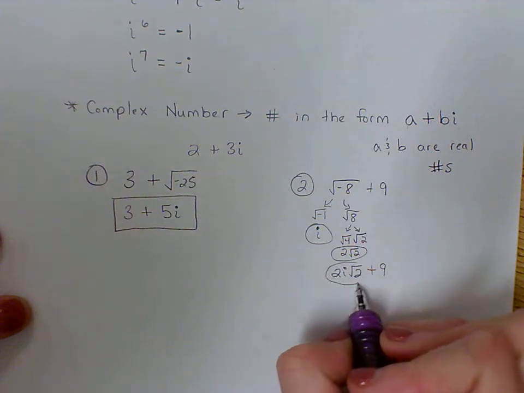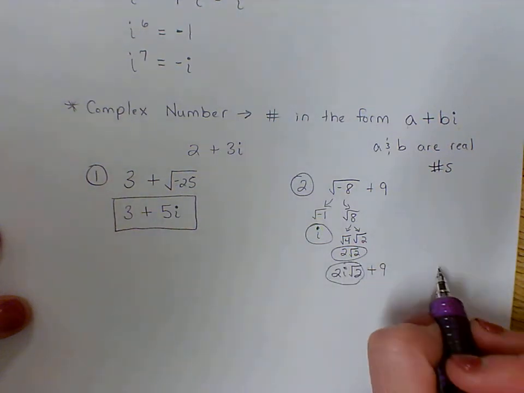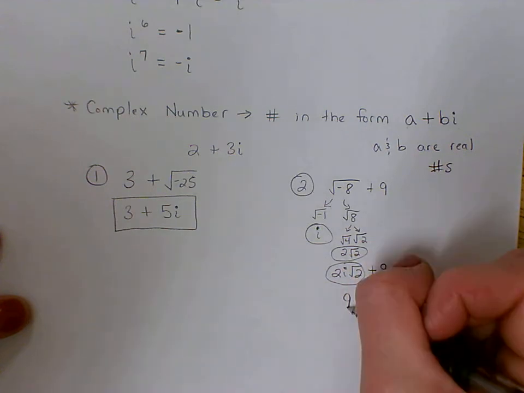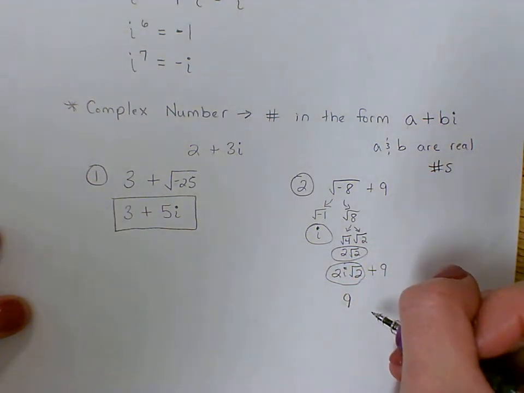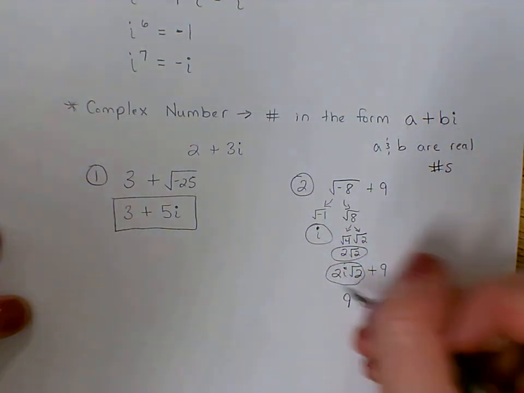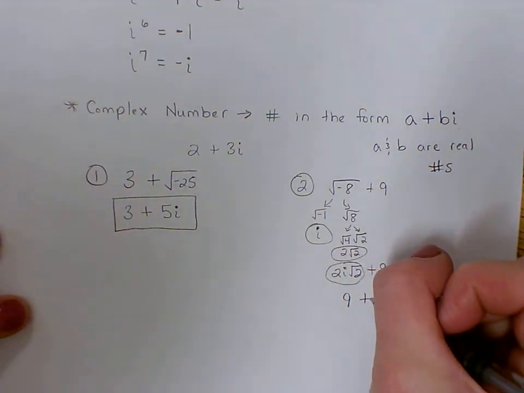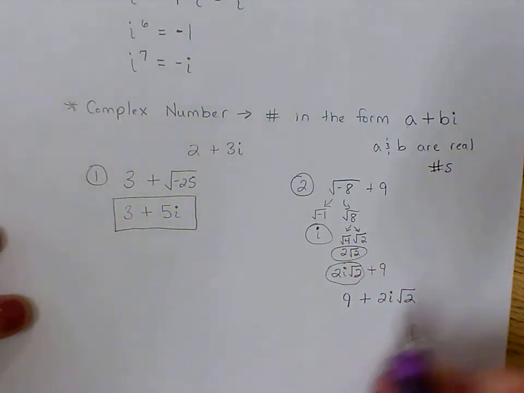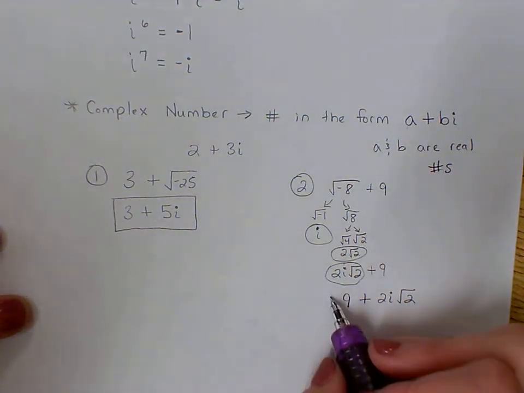So what we have to do is take this and write it behind the 9, which is pretty easy. So you take your 9 up front, and it's a positive 9, so we just write it as 9. And then this goes behind it, and it's positive, so you put plus, and it'd be 2i square root 2. So here is your complex number.